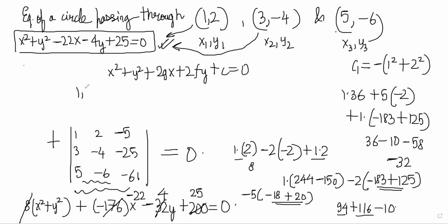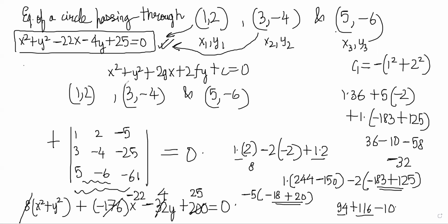And in that I can put 1 comma 2, 3 comma minus 4 and 5 comma minus 6. And you will get 3 different equations which you have to solve for G, F, and C. So that is also a proper method to do it. However, you can use the discriminant method if that equation solving is taking too much time for you, right?